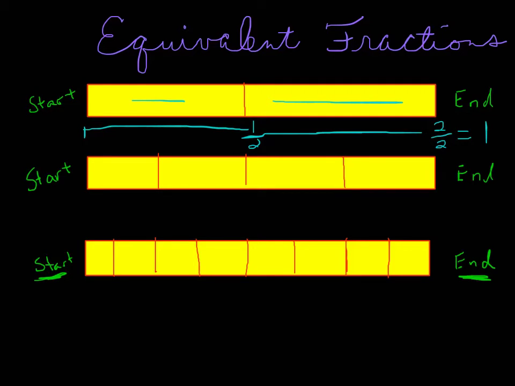Now let's go to the next one, where we split into a little bit smaller pieces, making a bigger denominator. If we start here, this would be 1 out of 4 because there's 4 total pieces. So we have 1 of the 4, 1/4. Let's go to the next.